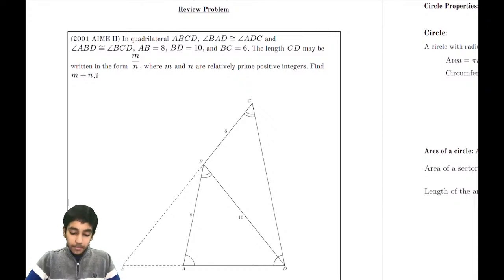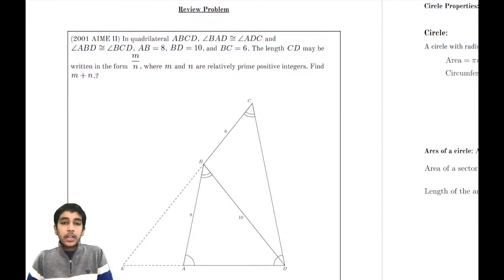So again, the key idea is that we've got two angles equal, so we want to construct some kind of similar triangles here, and I'll talk more about the solution in some time.